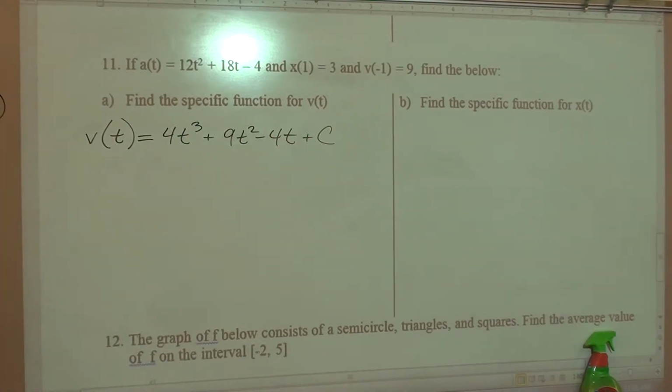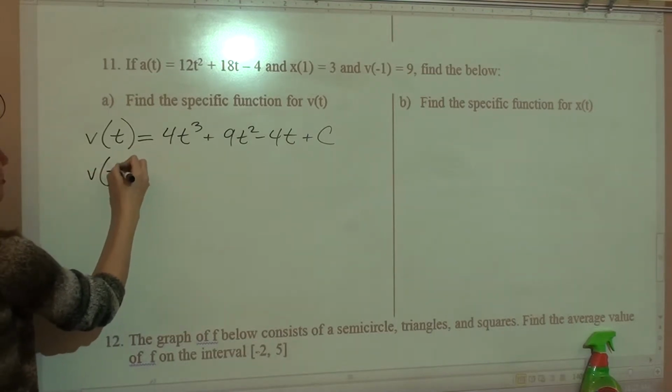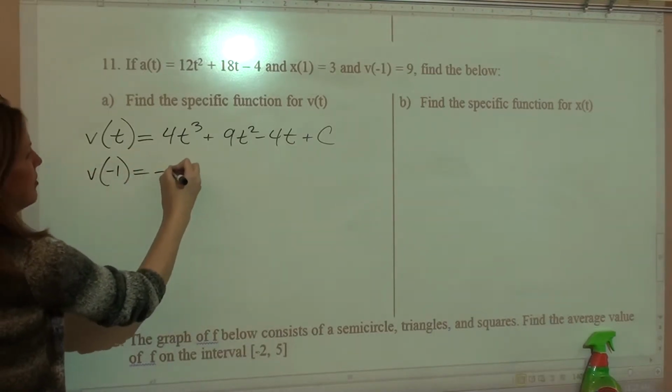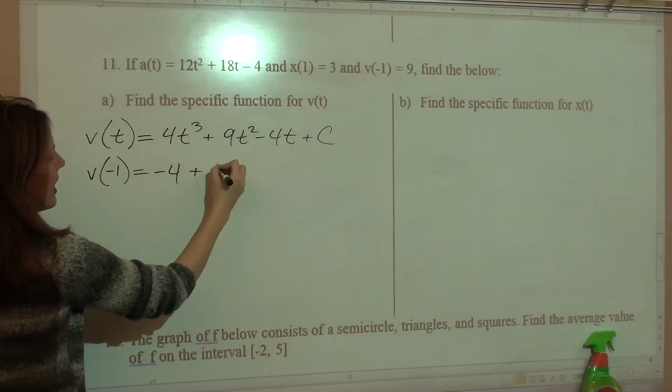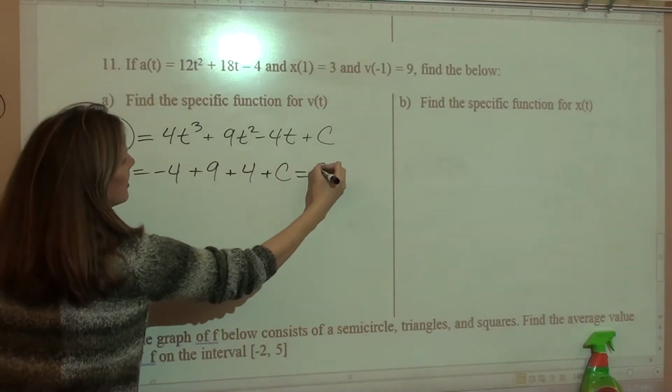Got that? Awesome. All right. Is there any information we have that can be used to solve for c? Yes, v of -1 equals 9. So if we plug -1 in, we get -4 plus 9 plus 4 plus c equals 9.